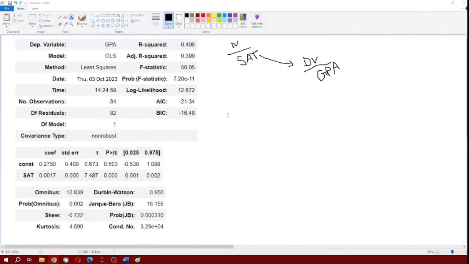Hi everyone, welcome back. I'm going to show you how to read the result of a simple linear regression that was produced by Python.